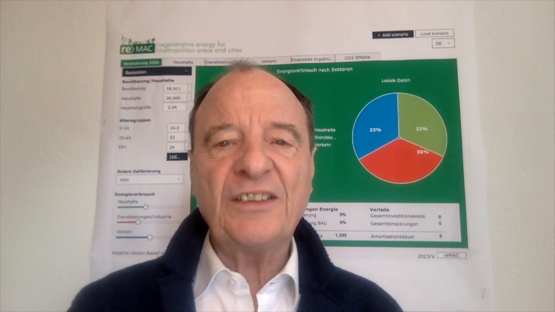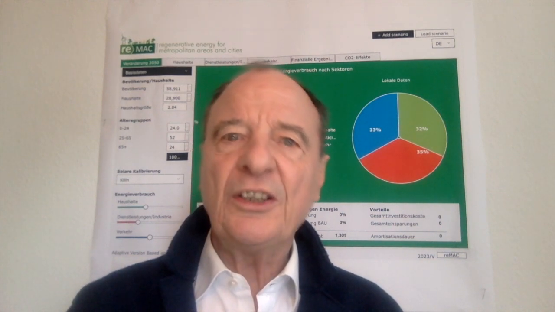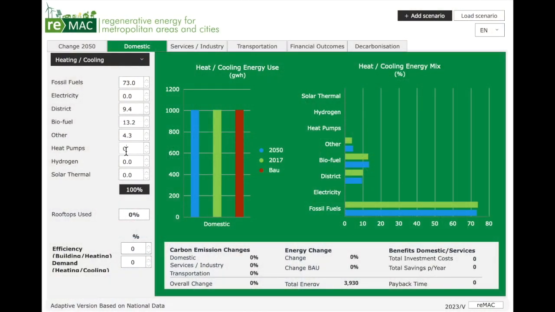If we assume that heat pumps will also partly replace fossil heating methods in existing buildings, the figure of 50% is not too high. Let's see what this assumption yields. If we enter the figure 50% heat pumps, we immediately see the effects.